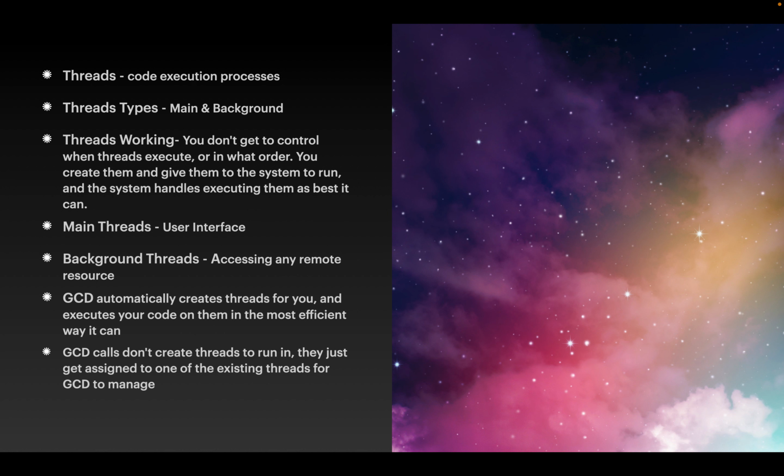GCD automatically creates threads and executes them in the most efficient way. If we have a process and we send that process to the GCD, it already has existing threads, so it won't create a new thread for us. In its existing threads, it will pass our functions and make it happen. That is what this GCD will do.